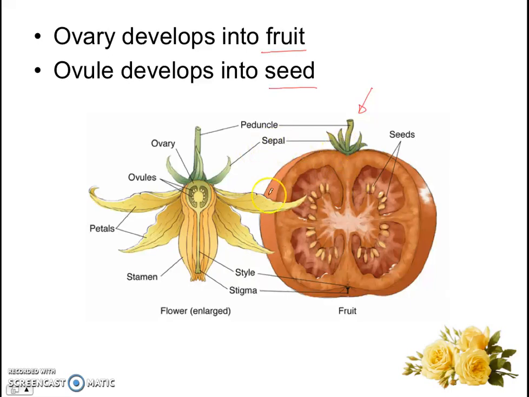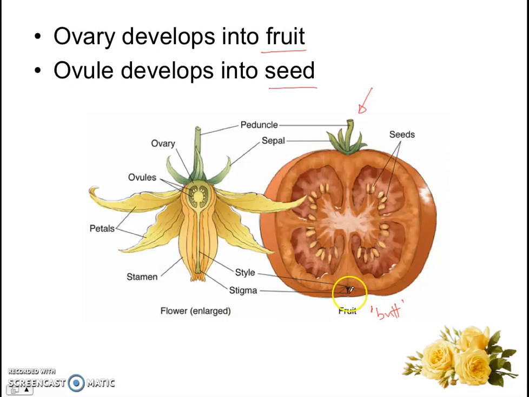Now you can see that the entire ovary has enlarged to form the fruit. And of course, here are the seeds, which were originally the ovules. At the bottom here, you see that the bud of the fruit, as I call it, is actually the remains of the stigma and the style.